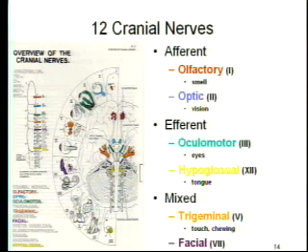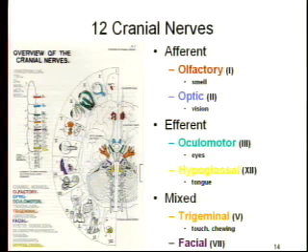And then finally, we have the hypoglossal nerve, cranial nerve 12, whose sole function is to move the tongue. When you speak, when you eat, when you kiss, whatever it is that you do with your tongue, you do it by virtue of the hypoglossal nerve. Then we have a couple of examples of mixed nerves.